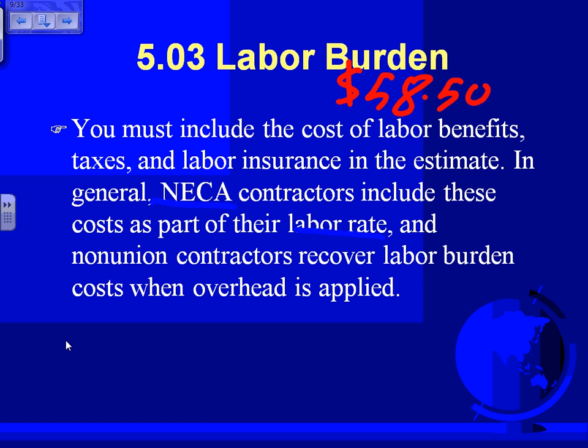The $58.50, that's a NECA price. $58.50 includes the burden. The only thing that $58.50 does not include is the overhead and the profit. Rule of thumb, if you want to put in the overhead and everything, some people double this number.